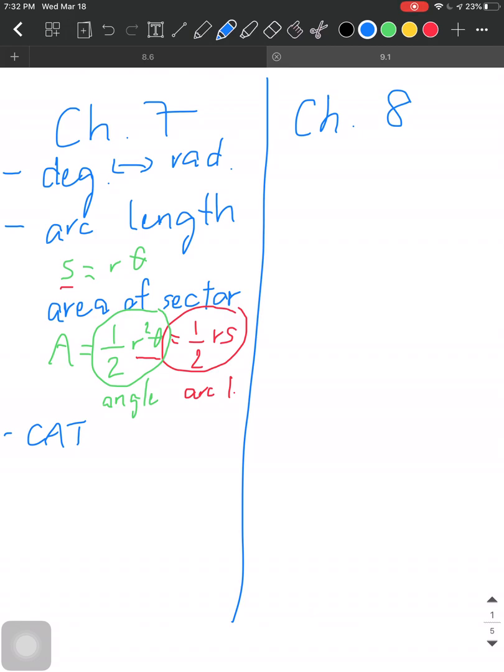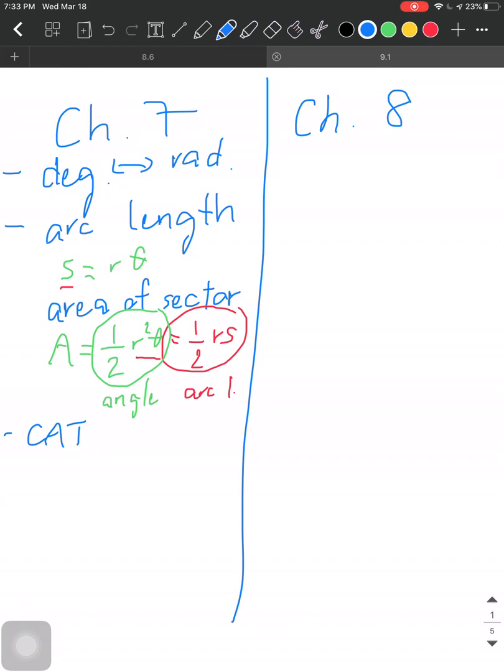As you can tell, the quick way to remember the cofunctions is that they go by names, right? Sine and cosine have sine in common. Tangent and cotangent have the word tangent in common. Secant and cosecant have secant in common. So the names will give you the way. So make sure you know what cofunctions are, okay?